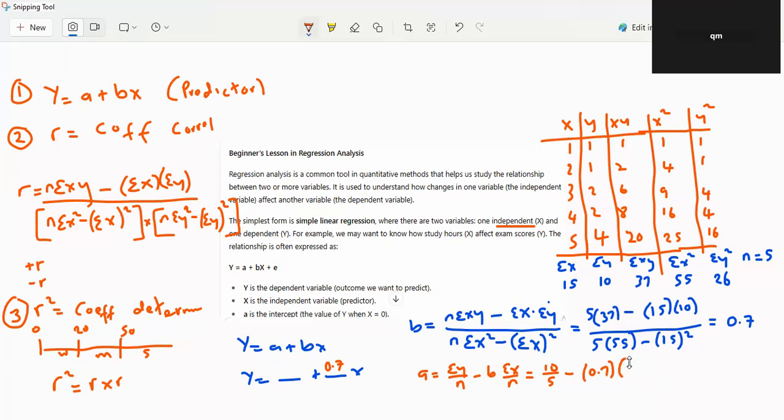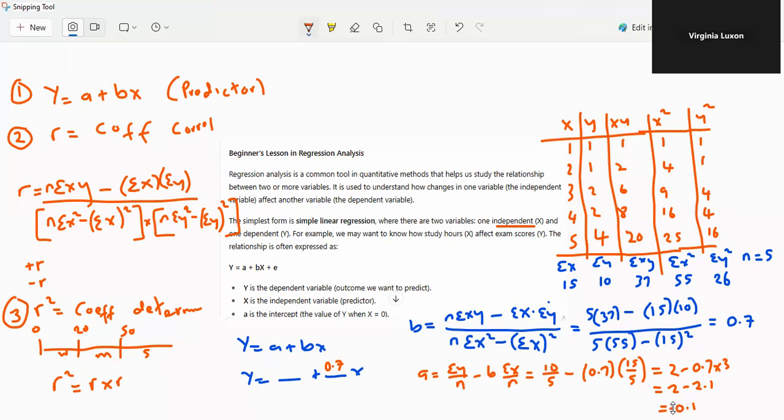Summation of x is 15, over 5. So 10 over 5 is 2. Then 15 over 5 is 3. 3 times 0.7 is 2.1. So 2 minus 2.1 is 0.1, negative.